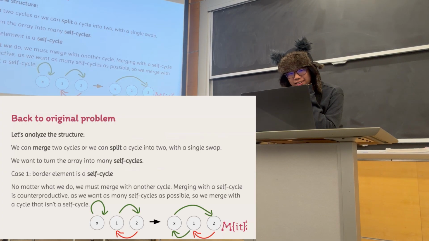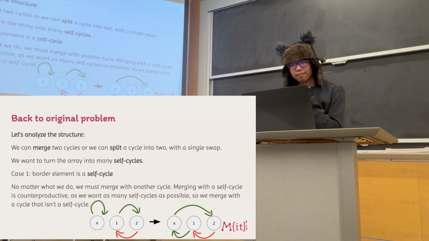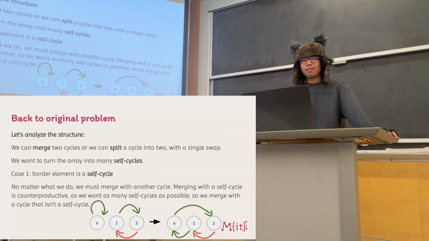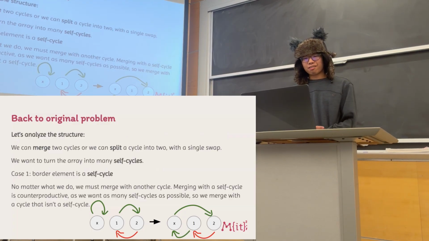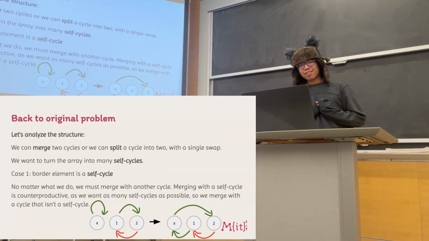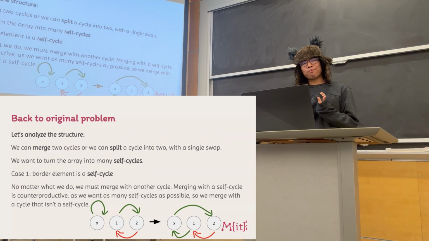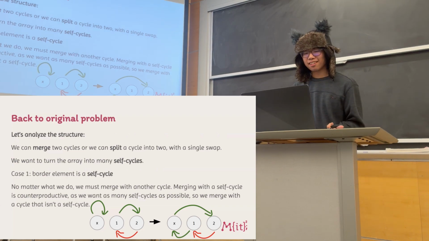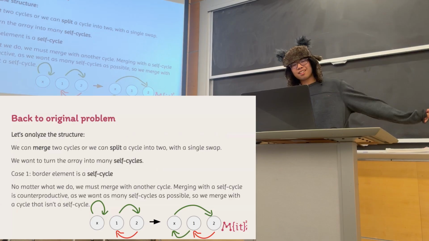So let's analyze the structure. With a single swap, we can either merge two cycles or split a cycle in two, like we previously talked about in the permutation sorting. So we want to turn this array into many self cycles. If the border element is a self cycle, we must swap the border element with something because that's what the operation does.